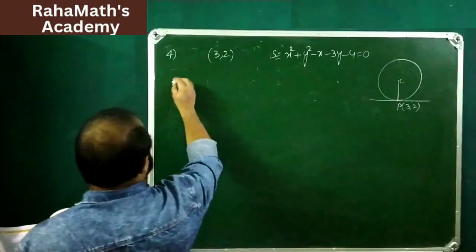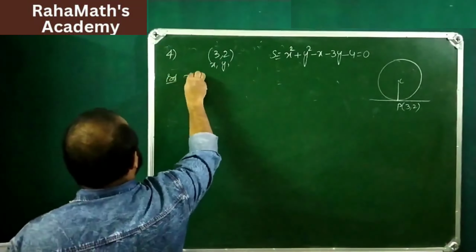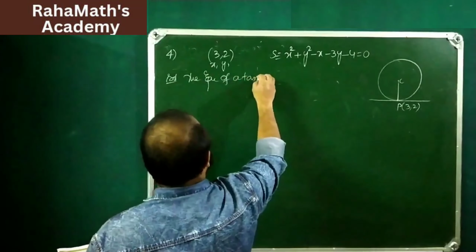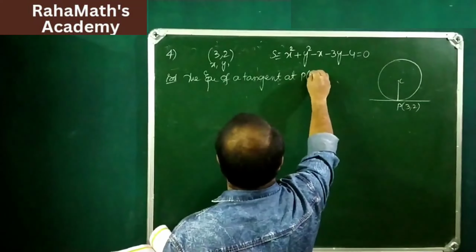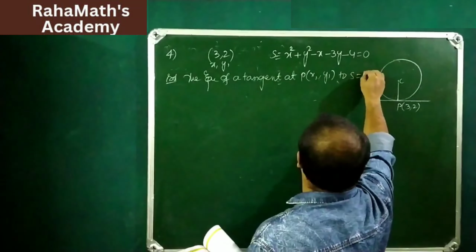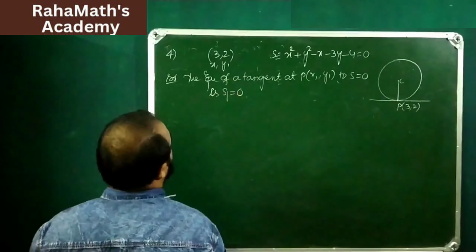So solution, this is x1 y1. The equation of a tangent at P x1 y1 to the circle S equals 0 is S1 equals 0.